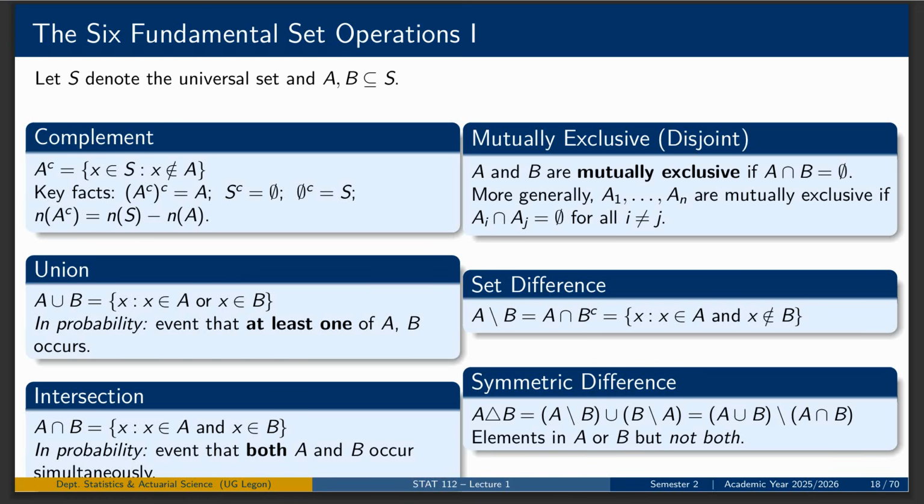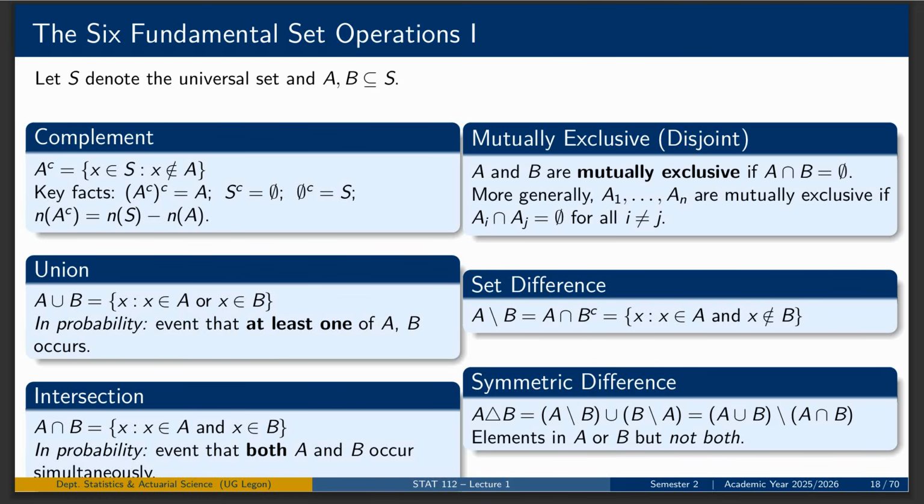There are some fundamental set operations that I need to talk about. Basically S is the universal set, and we are assuming that A and B are subsets of S. So what do we mean by complement?